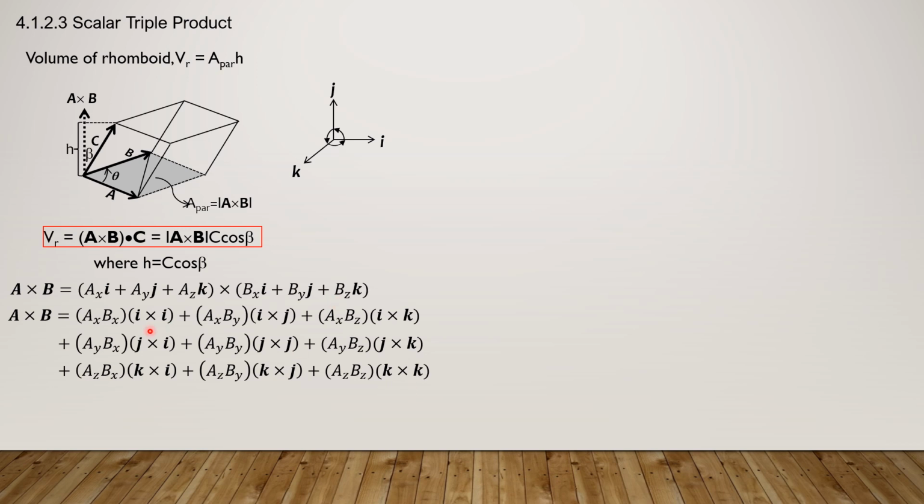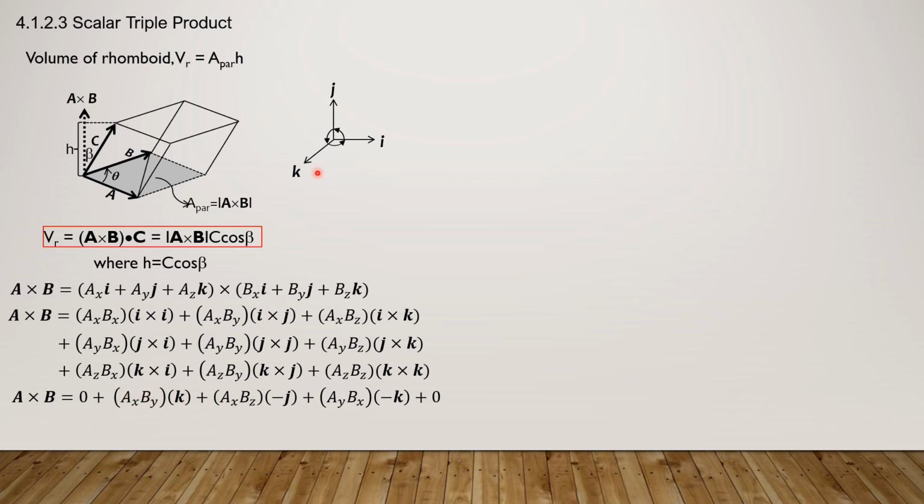And remember that the cross product of the same unit vector is 0. So this is 0, this is I cross J, so the result of I cross J is K. Then I cross K is equal to negative J. So 0, AXBY K, AXBZ negative J. Then J cross I is negative K. J cross J is 0.